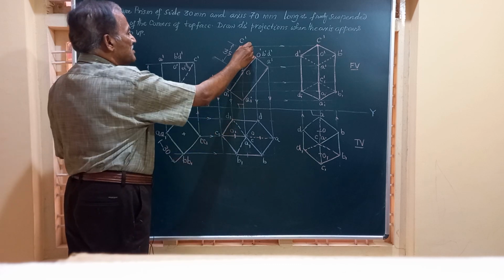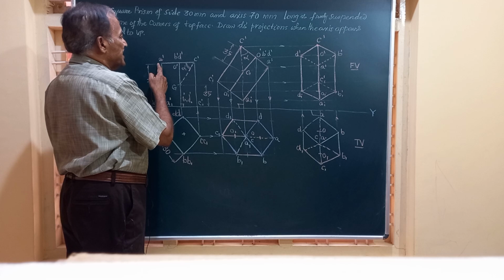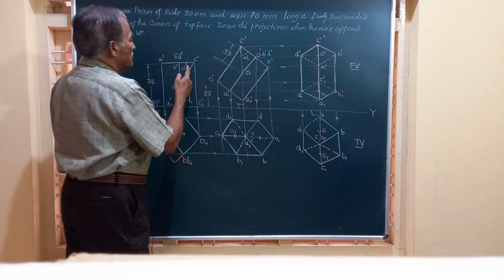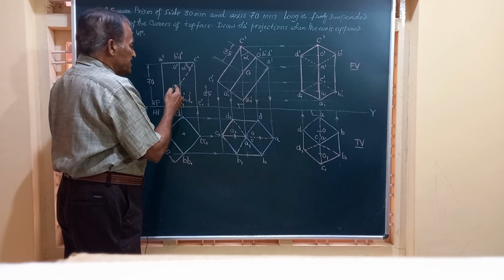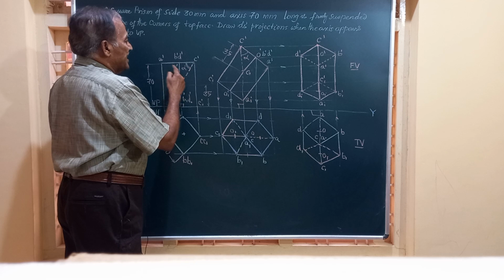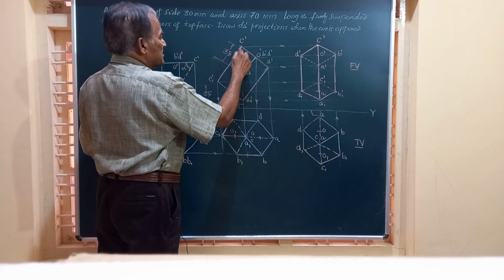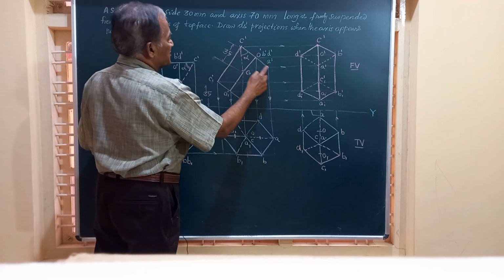And now at this point C, we will have to locate this line C dash A dash. So C dash A dash can be located by knowing this angle made by C dash G with A dash C dash. Say it is alpha. I have marked alpha here with respect to this and obtain this A dash C dash.